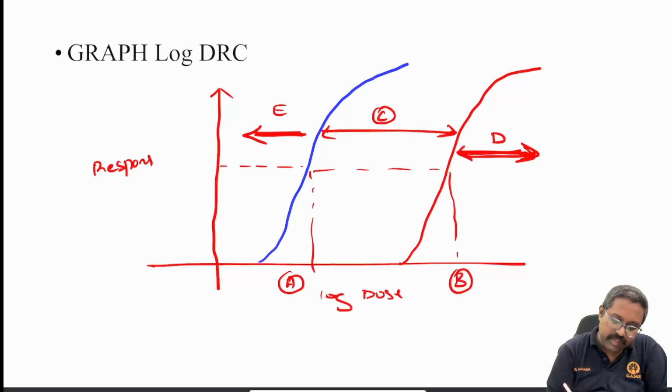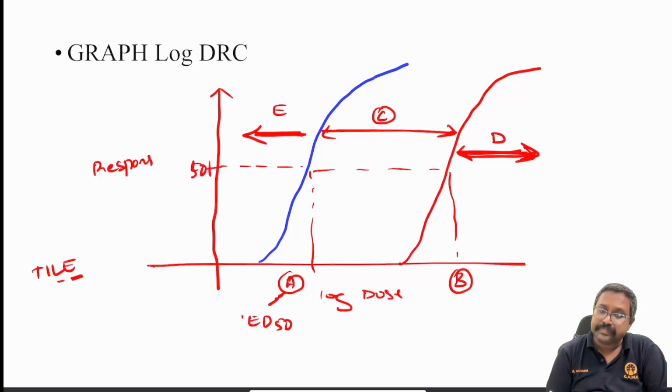So here what will be the A? According to the formula TILE, it is the lethal dose by effective dose. So A is the effective dose in 50% of the population. This will be the 50% response, and this will be your lethal dose 50. And what will this be?